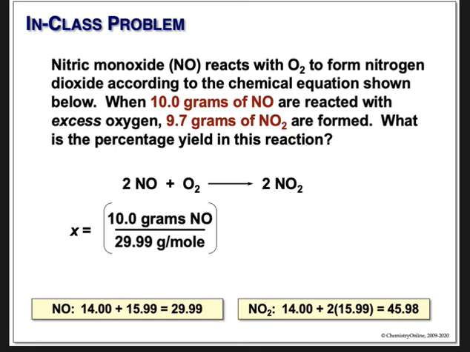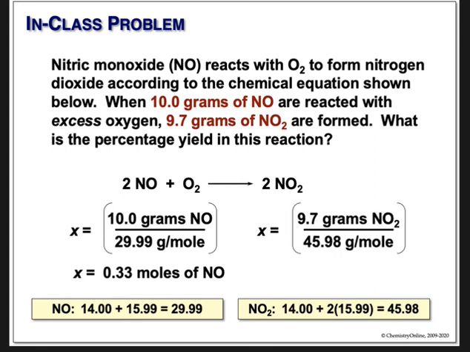Mass over molar mass, we started with 0.33 moles of NO. For NO2, mass over molar mass, we got 0.21 moles of NO2.